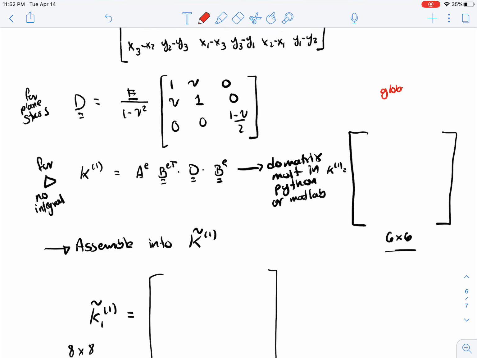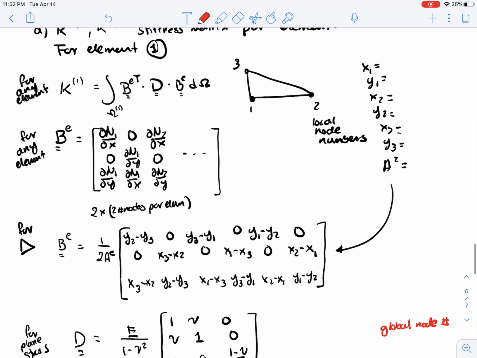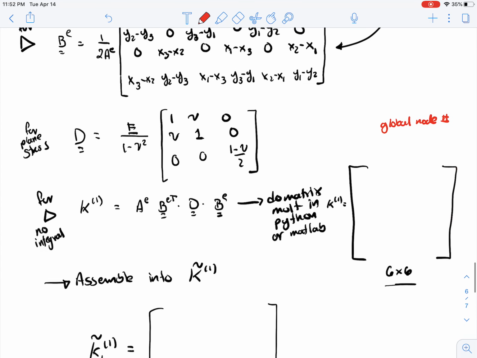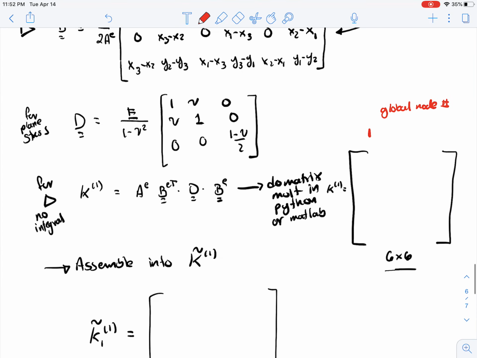So here what you would write is, you would write the global node numbers. So for element 1, the global node numbers are 1, 2, and 4. But now each of them has an x and a y degree of freedom.